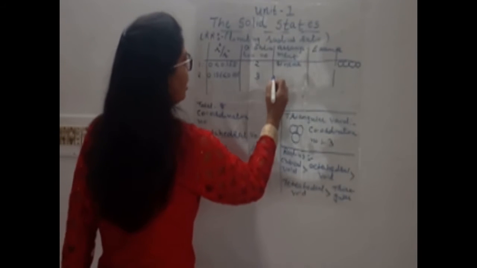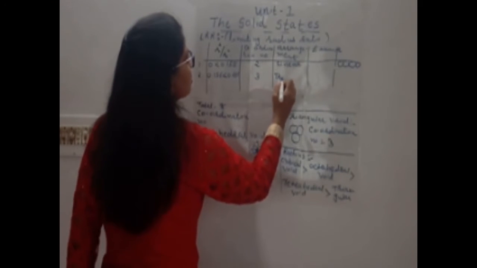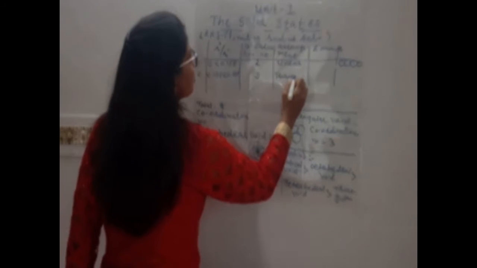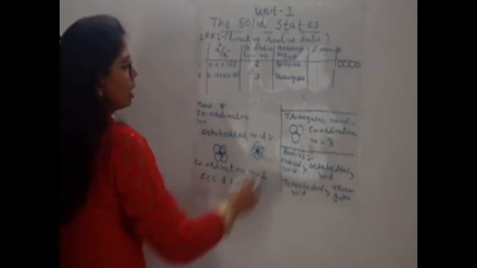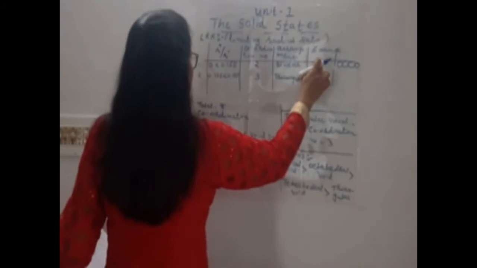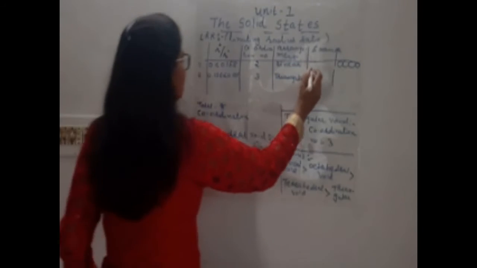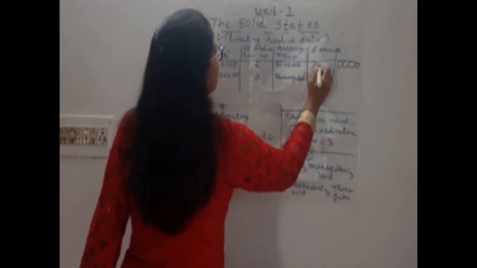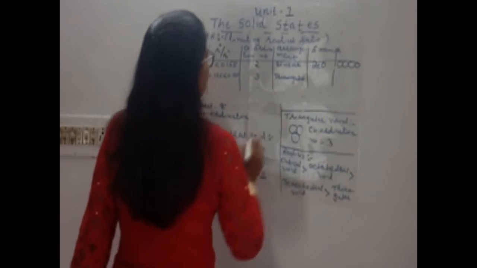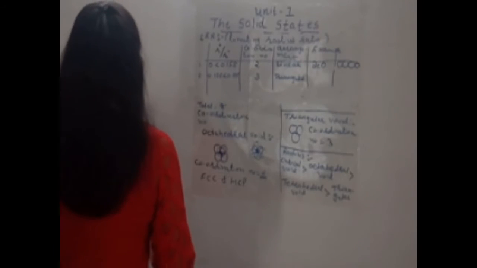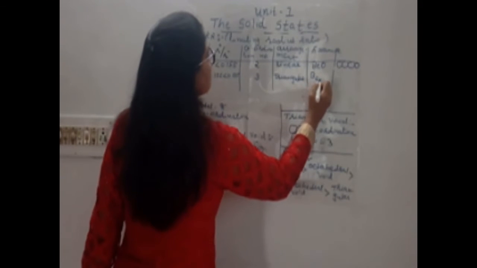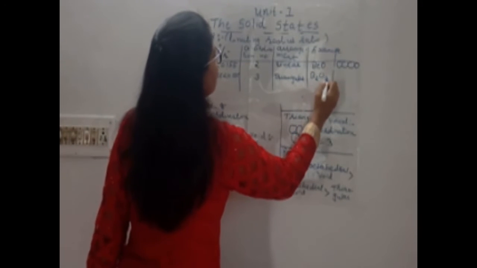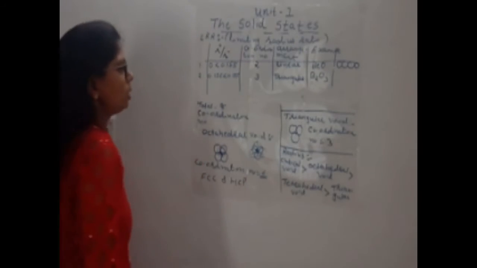That is triangular. Now write down the example of linear arrangement, that is beryllium oxide BeO. For triangular, boron trioxide B2O3.